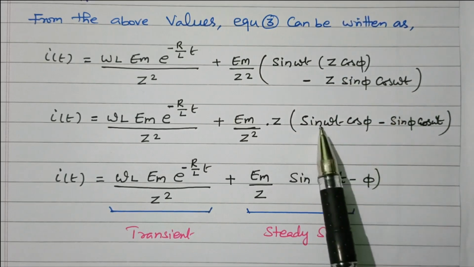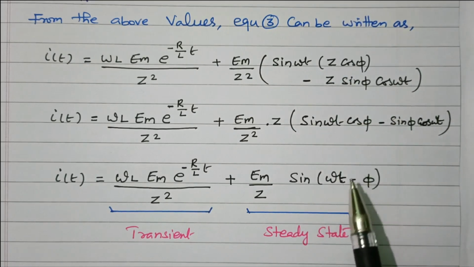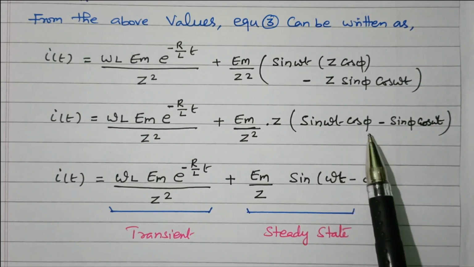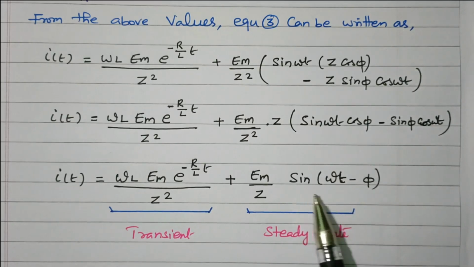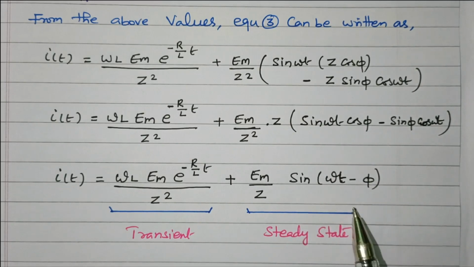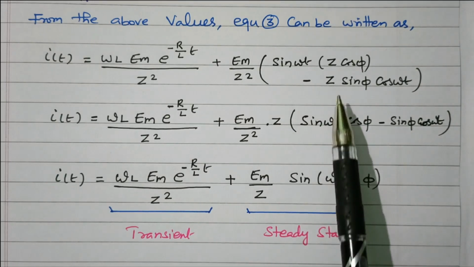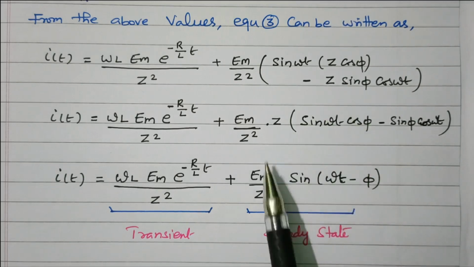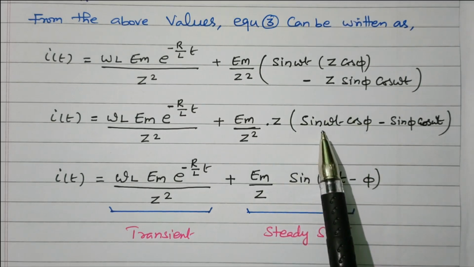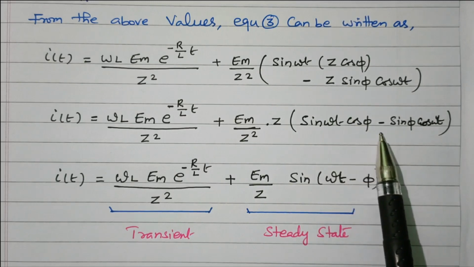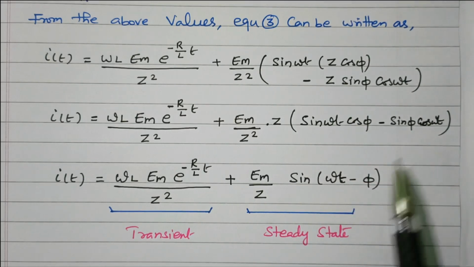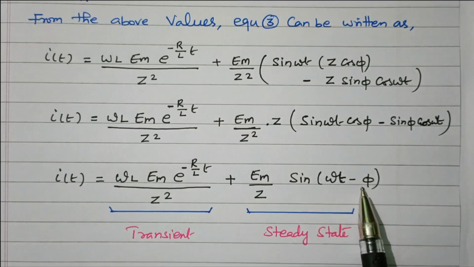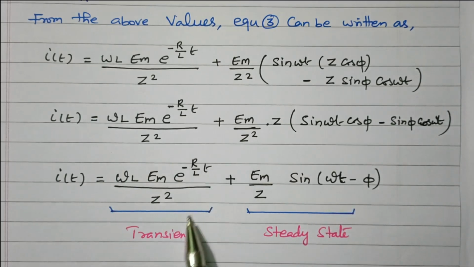So this format is available and can be written as sin of a minus b, where a is omega t and b is phi. So it becomes sin of omega t minus phi. For the simplification we substituted the r value and omega l value and took z outside.